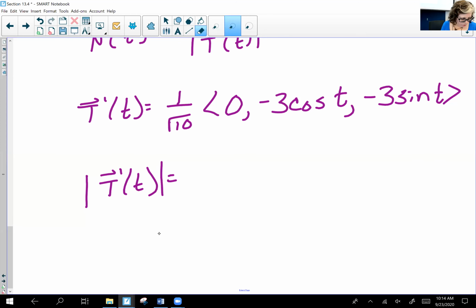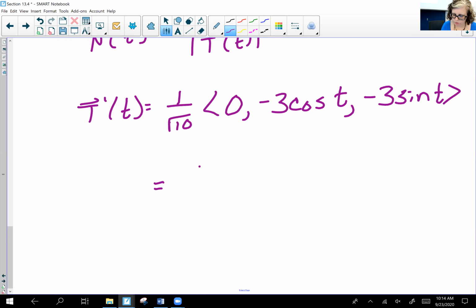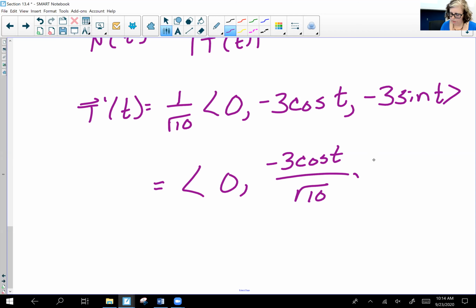Okay, let's go ahead and distribute that back through, because that might help you see how to do the magnitude. So 0, it doesn't matter. This is going to be negative 3 cosine t over square root of 10, and this is going to be negative 3 sine of t over the square root of 10.